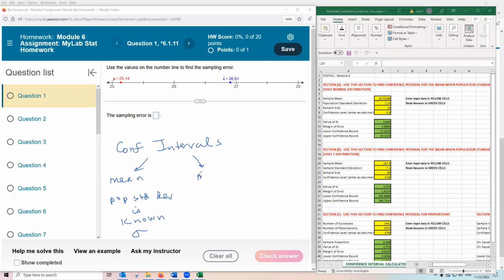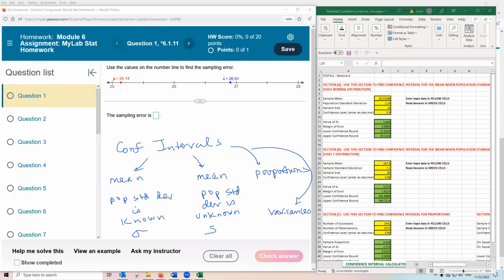There's another confidence interval for the mean when the population standard deviation is unknown. Really, then we only know the sample standard deviation. Sample standard deviation is the letter S. Then there's going to be confidence intervals for proportions, and then confidence interval for variances and standard deviation. So these are the 4 confidence intervals.